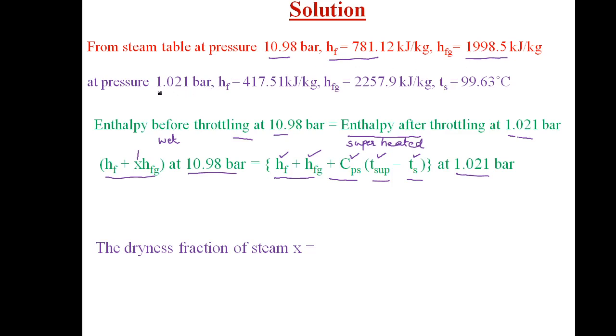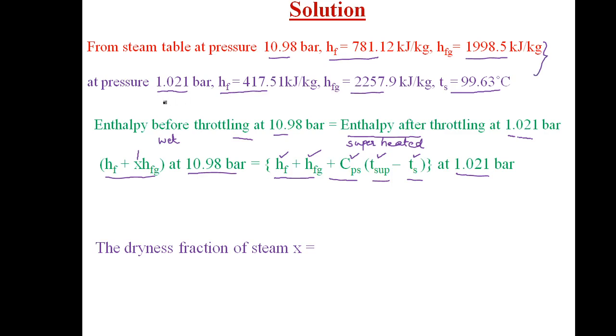At pressure 1.021 bar after throttling, the enthalpy of saturated liquid is 417.51 kJ/kg, the latent heat of vaporization is 2257.9 kJ/kg, and the saturation temperature is 99.63. So this is the data taken from the steam table at 10.98 bar, and this is at 1.021 bar.